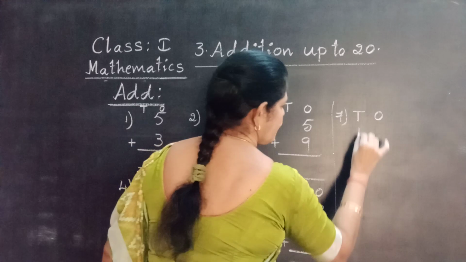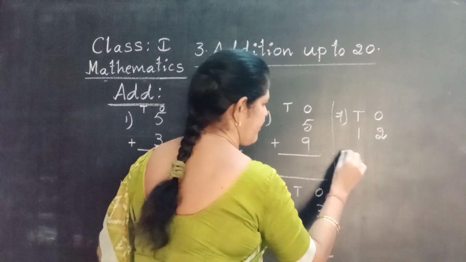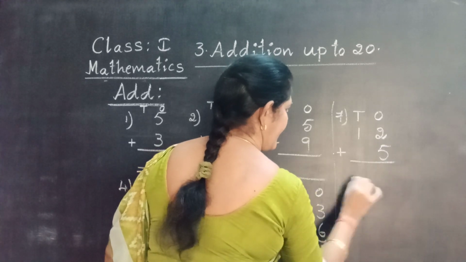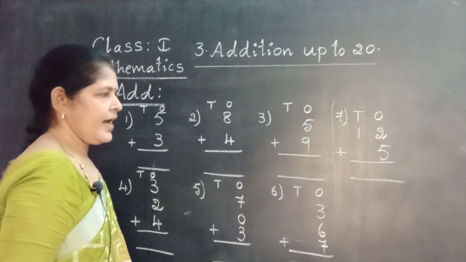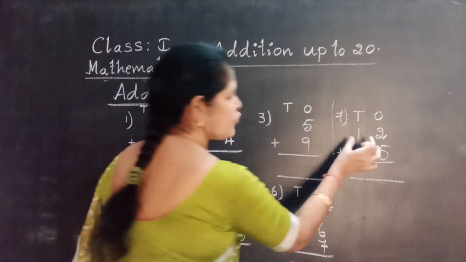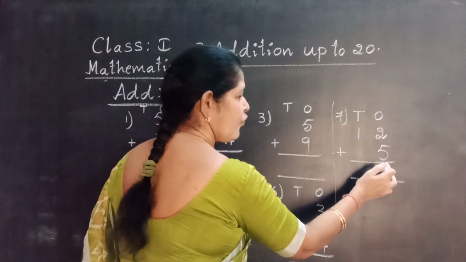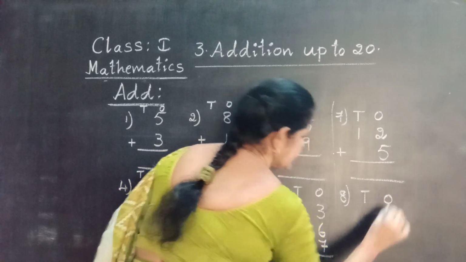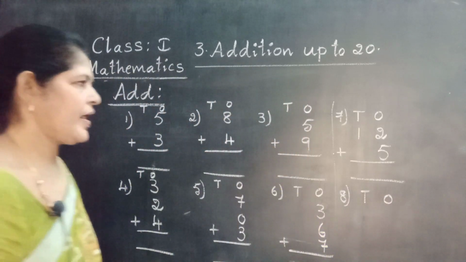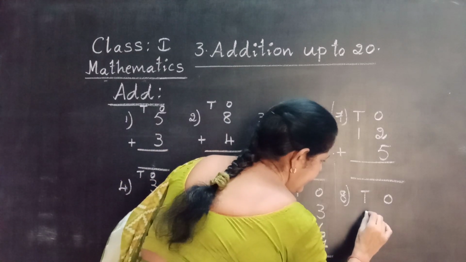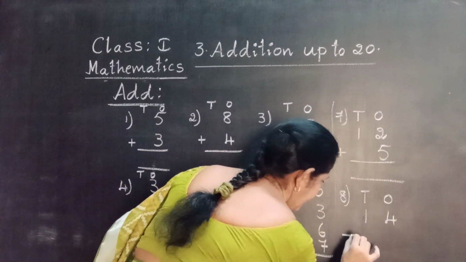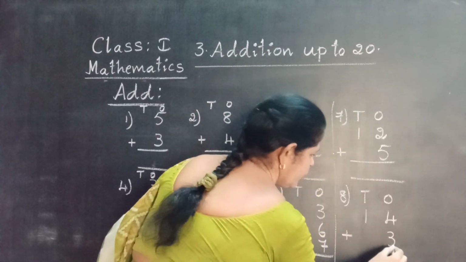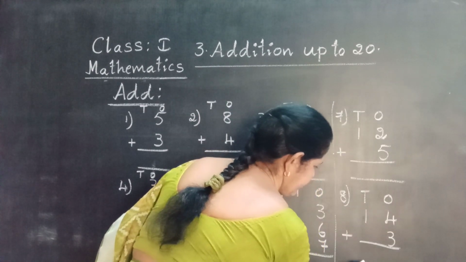12, a two-digit number, plus 5. Ready? 14 plus 3.